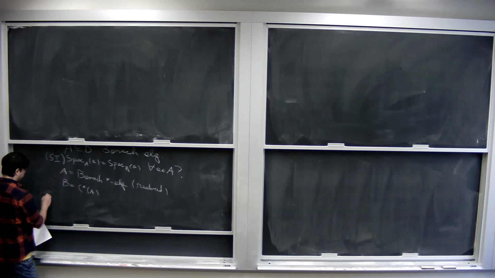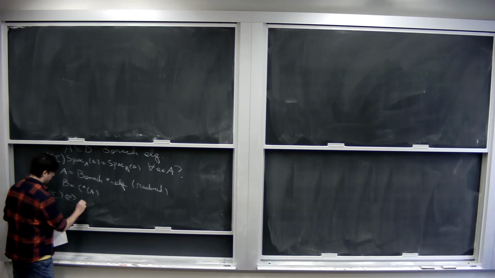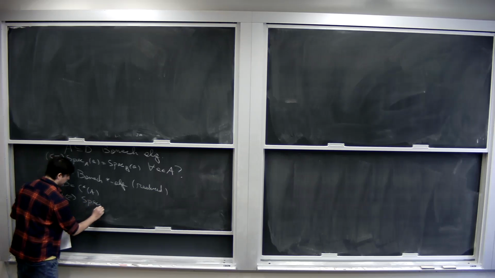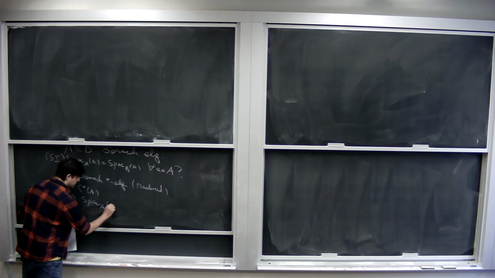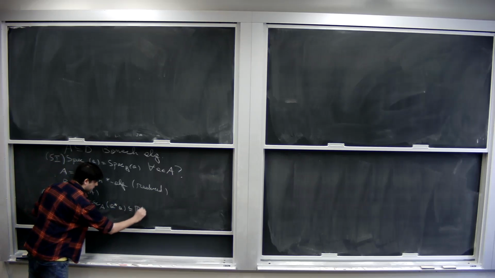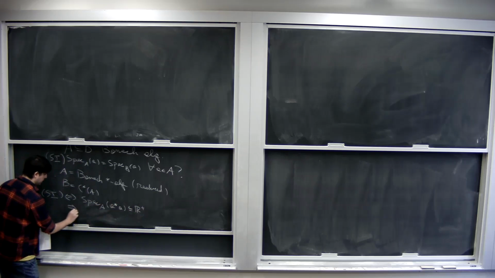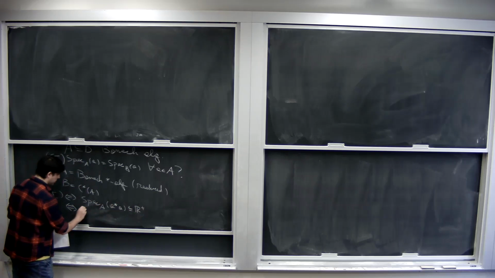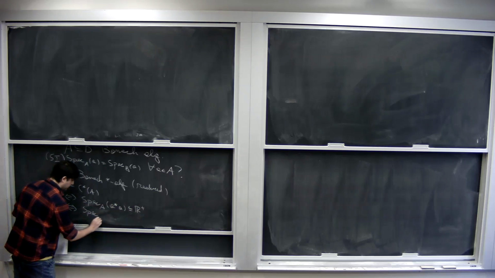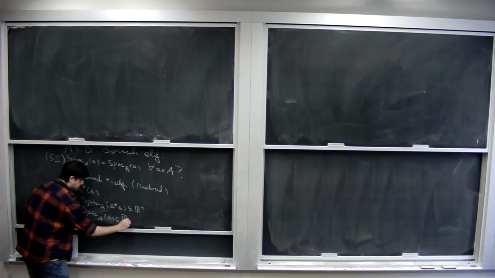So SI is equivalent to 2 different conditions on A. The first one, very natural, is that positive elements have positive spectrum. This is for all A. And the second one is also very natural: self-adjoint elements have real spectrum.